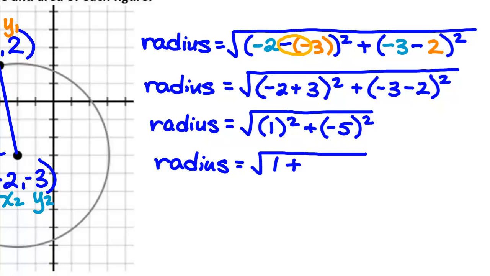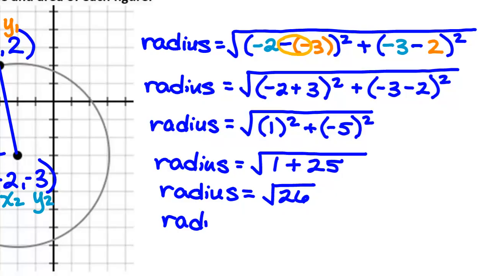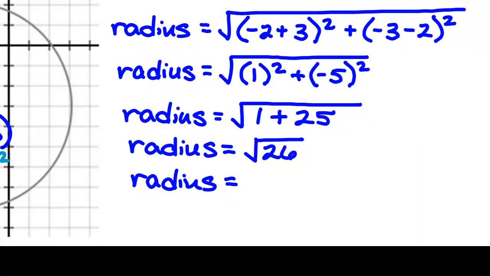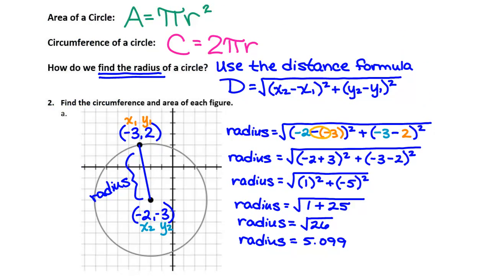Plus, careful here, what is -5 squared? 25. So we're going to add those two together now. My radius is equal to the square root of 26. And what is the square root of 26 taken out to 3 decimal places? 5.099, yes.